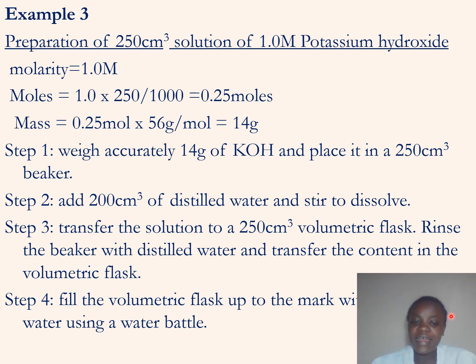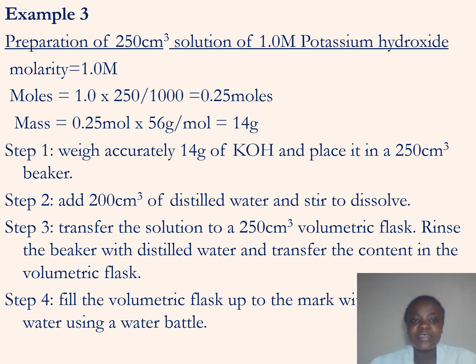So again, we add distilled water, and then we ensure we mix the distilled water and the solution that was there well. We can stir to ensure we come up with a homogeneous solution. So that will be our last example when we are looking at these molar solutions.